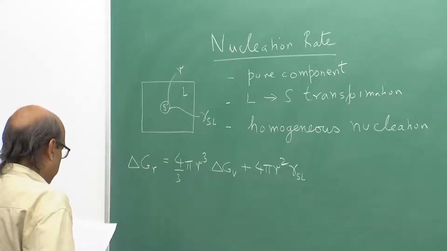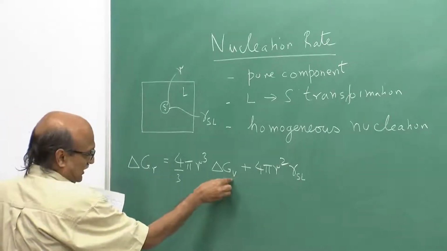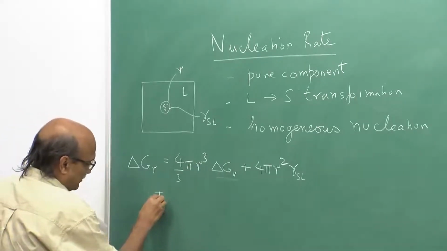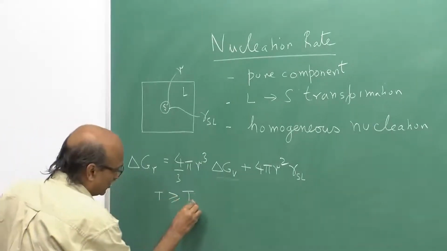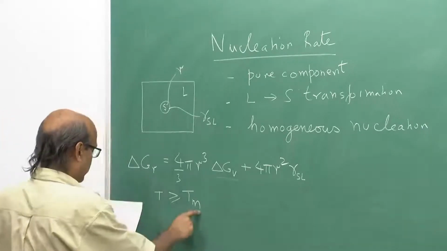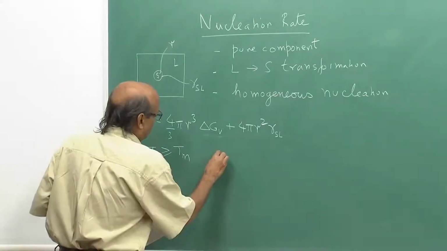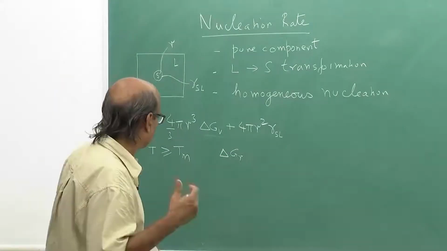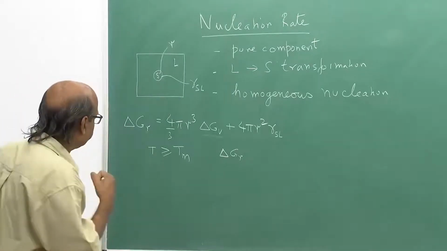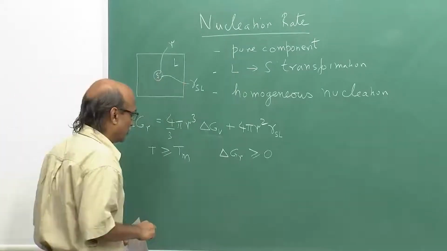If we examine this, let us first look at delta GV. For temperatures greater than or equal to the transformation temperature, or the melting point of the solid of the pure component, so T greater than or equal to Tm, we would have the overall change in free energy whenever a nucleus forms, a cluster of atoms or cluster of molecules form, delta Gr is always going to be greater than or equal to 0.